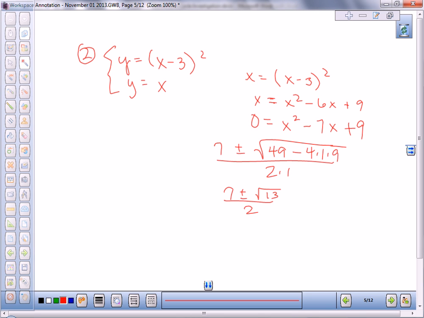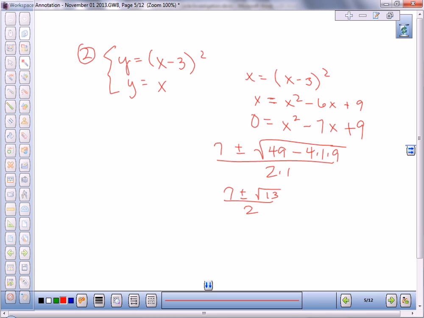Emergency calculator. Number A and number B. 7 plus the square root of 13. We write it down: 5.3.